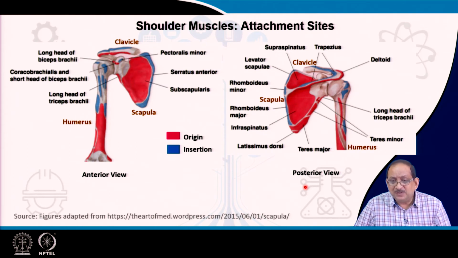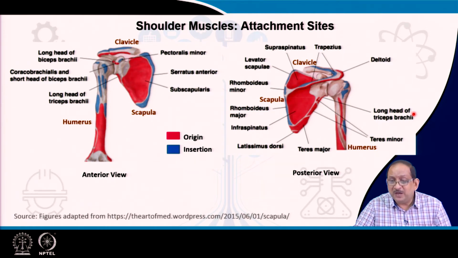The important muscles that are acting on the shoulders are also shown, which are deltoid, trapezius, supraspinatus, infraspinatus, teres major, teres minor, rhomboideus, latissimus dorsi.